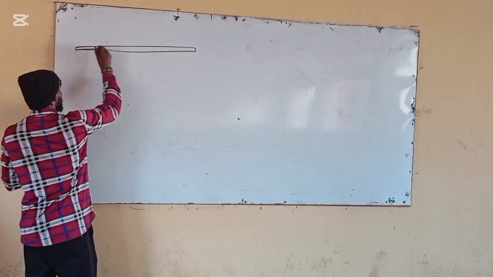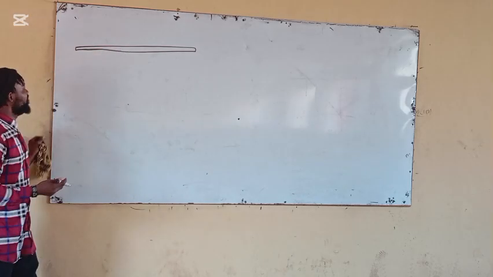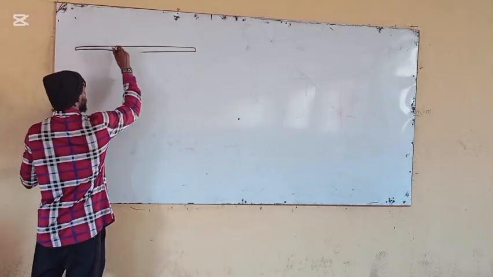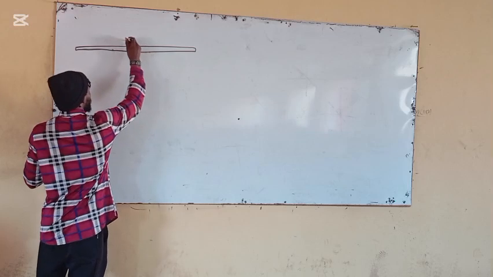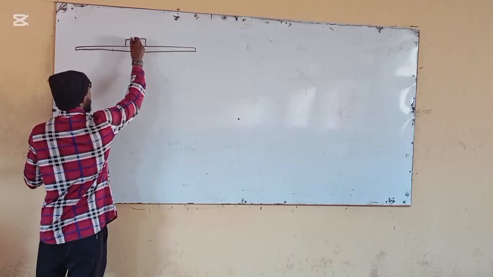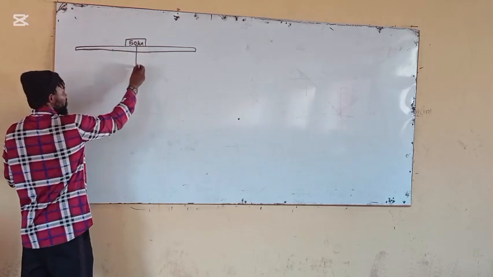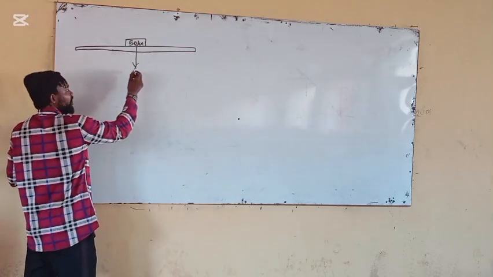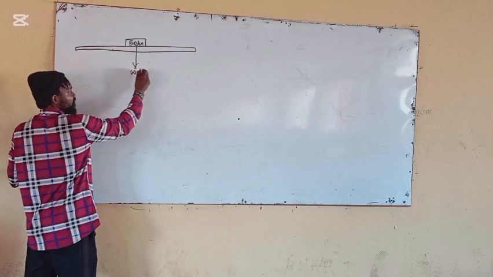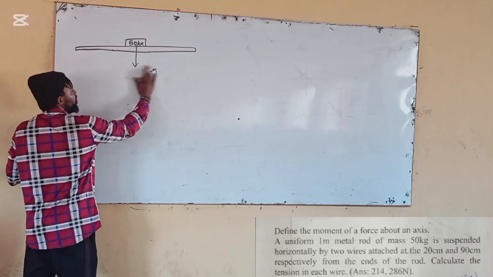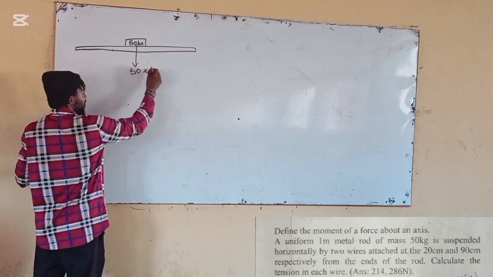Of mass is equal to 50, that is what is equal to 10 g now. So 50 times 10 is what?